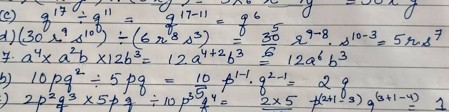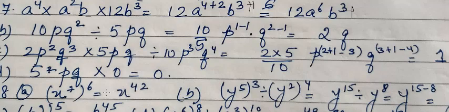So here, as I got one more b here, it will be 3 plus 1, and the result comes out to be 12a^6 b^4. Now in the B part, 10p q squared divided by 5pq. We'll divide the numbers first of all. p and p will get cancelled, and q^(2-1), and the result comes out to be 2q.